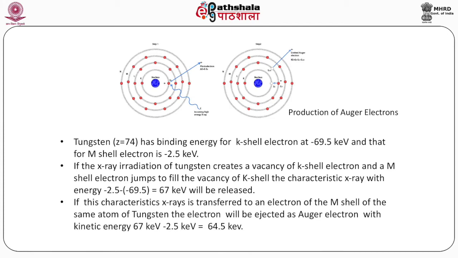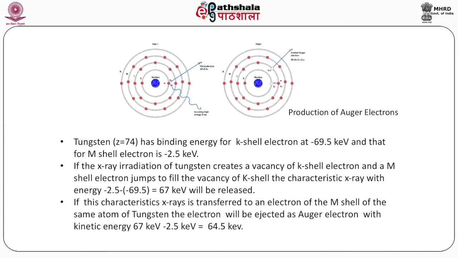If the X-ray radiation which is incident on tungsten creates a vacancy of K shell electron and an M shell electron jumps to fill the vacancy of K shell, the characteristic X-rays with energy minus 2.5 minus 69.5 is equal to 67 keV will be released.